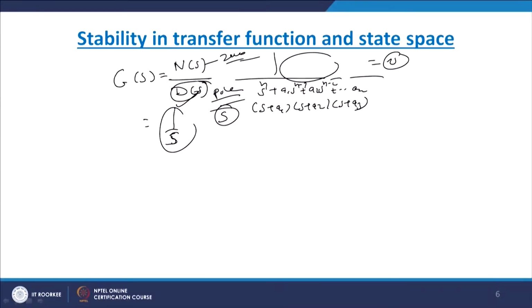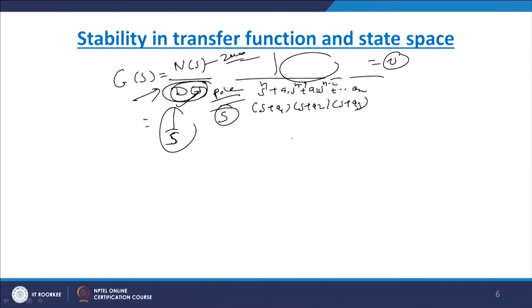So at the steady state, the effect of the derivative is very small, but the effect of the integrator will remain, because the integrator is a low pass filter. Therefore we can say that in order to check the stability of a system in transfer function form, we have to calculate the roots of the denominator. All the poles of D(s) will give you the stability of the system.